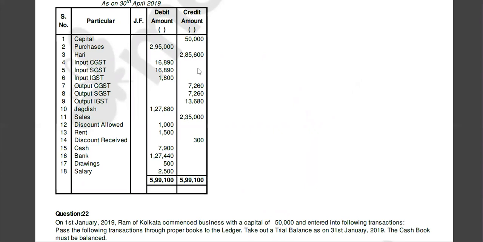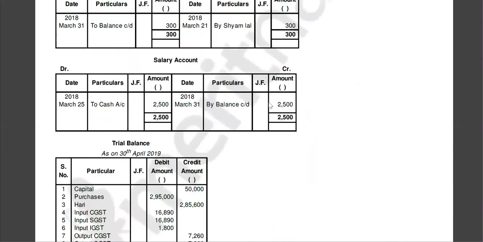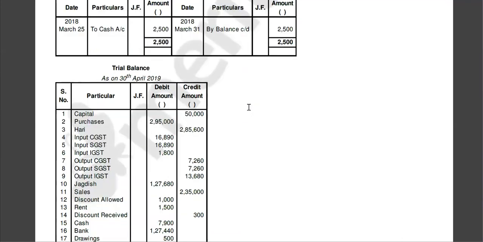See, another way, I'll tell one easy way. See salary, see the balance carried down, it playing credit role. It is just the opposite of trial balance. The sales account playing credit role, no? This, you have to place in the salary account just opposite of ledger.